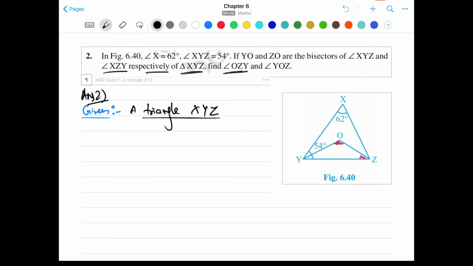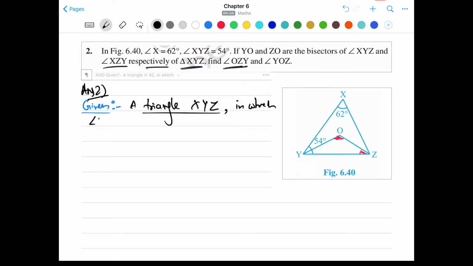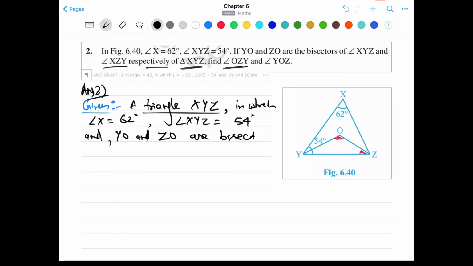So write, given is a triangle XYZ, in which angle X is equal to 62 degree, angle XYZ is equals to 54 degree, and YO and ZO are bisectors of angle XYZ and angle XZY respectively.